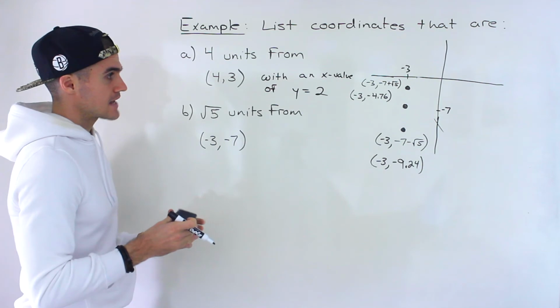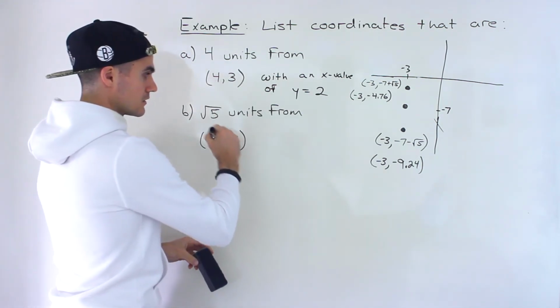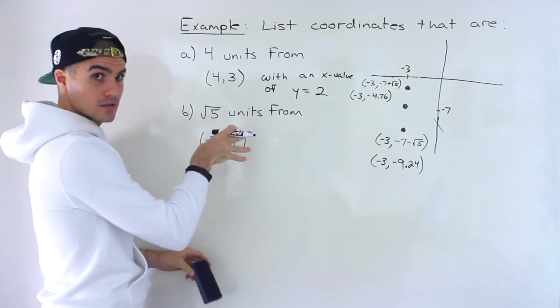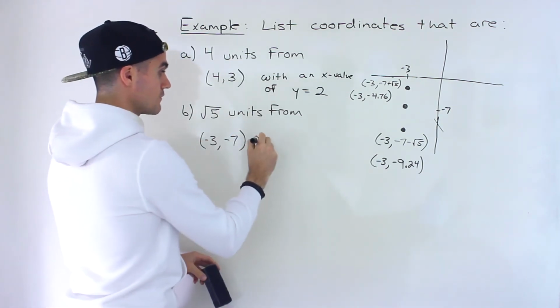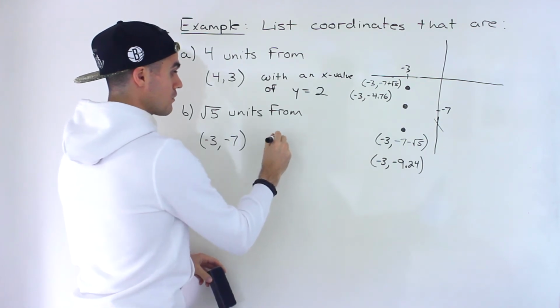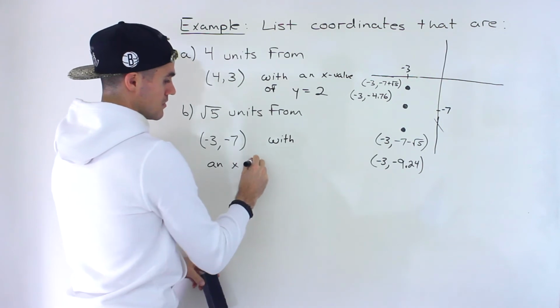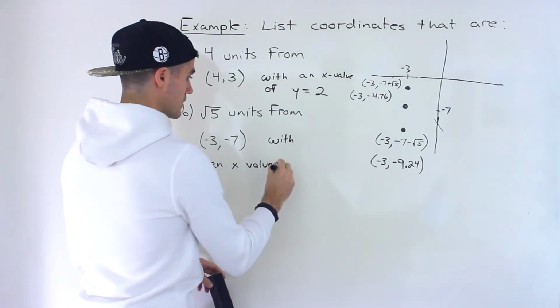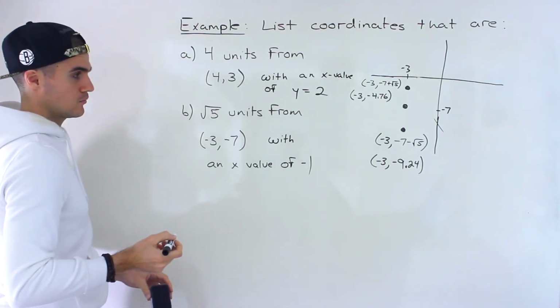But now let's add a little bit more parameters, more conditions. Let's say root 5 units from -3, -7 with an x value of -1. What would happen then?